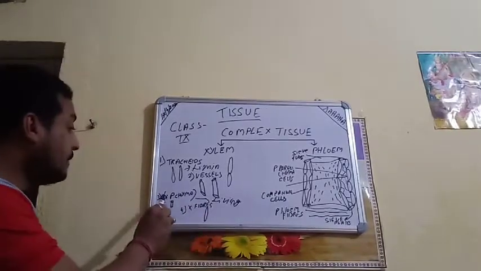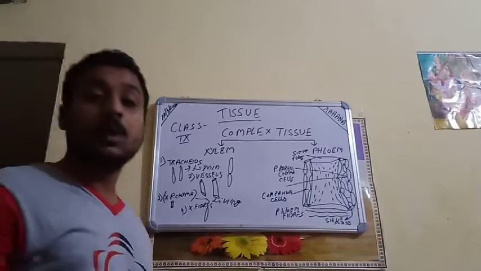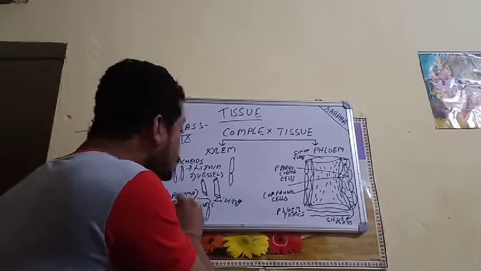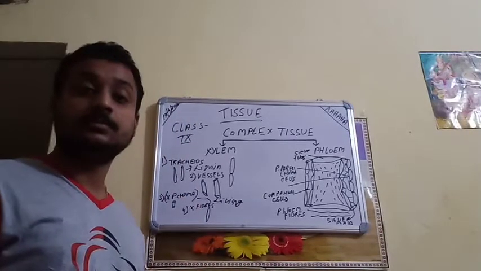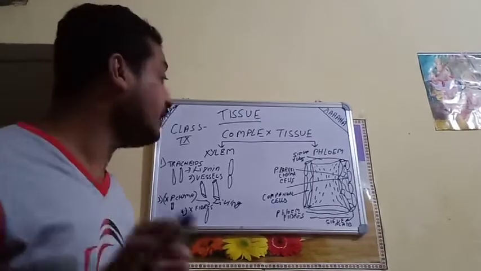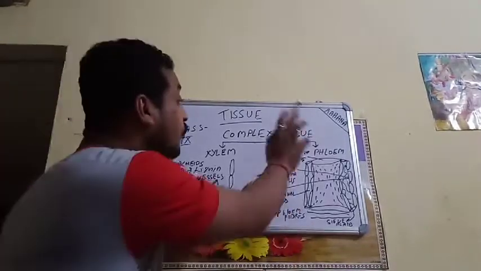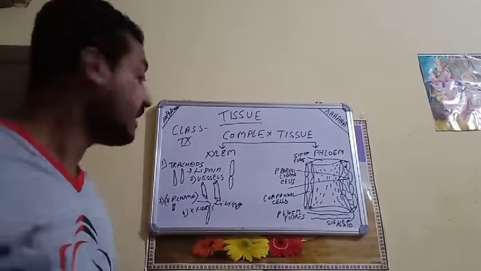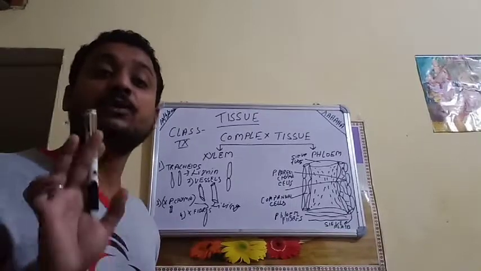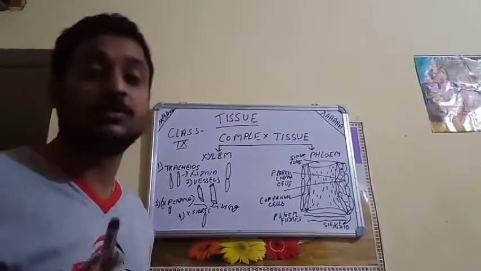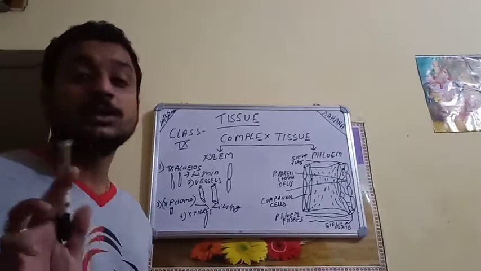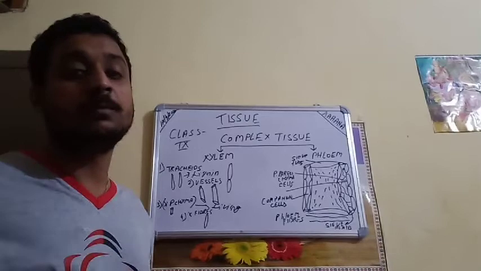Now, talking about the xylem parenchyma. What is the main function of the xylem parenchyma? The xylem parenchyma will store the water and the mineral. It also has a property that if some damage has been done to the phloem part, xylem parenchyma can store food also sometimes, but not for all plants, only for well developed plants, not for small plants like ferns.